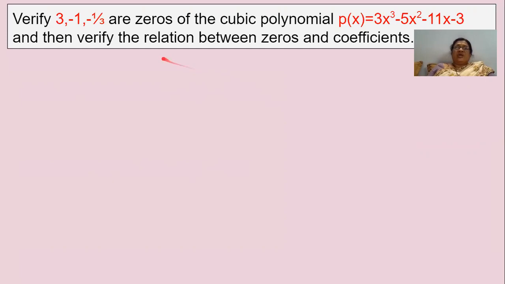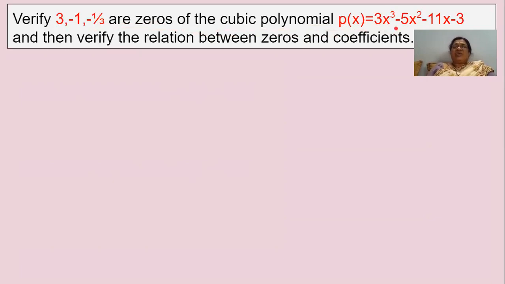First of all, read out the problem. What is the problem? Verify 3, minus 1, minus 1 by 3 are the zeros of the cubic polynomial. So this is a cubic polynomial. Cubic polynomial means if the degree of this polynomial is 3, then we can say this is a cubic polynomial. Here it is already given that these are the zeros for this polynomial. We don't know whether these are the zeros for this polynomial or not.